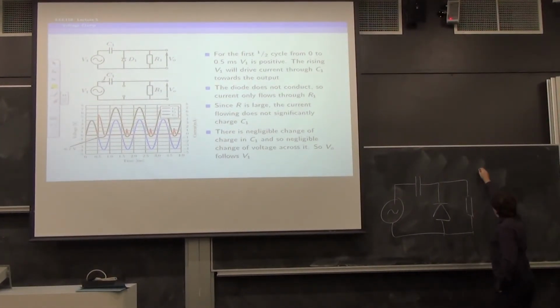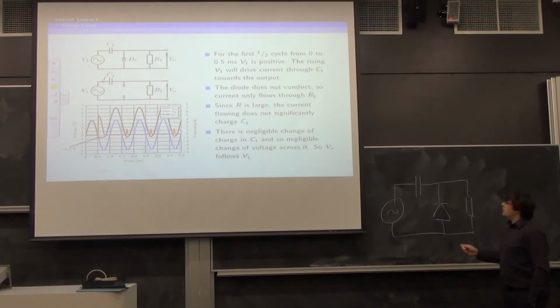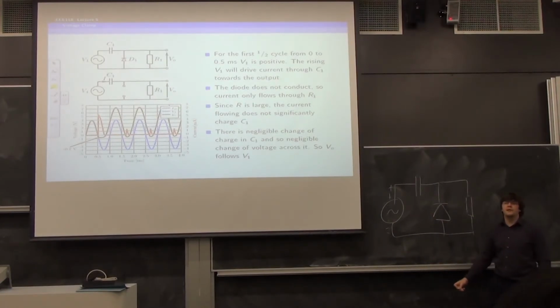And we said, well, I'll use that one because it's nicely drawn. First half cycle, this bit's bigger than that bit, and the only thing that can happen now is, firstly, there is no charge here. There is no charge in this capacitor because I've decided that this whole circuit's been switched off for a very long time. I come in first thing in the morning, having been away all night, it's been switched off for ages.